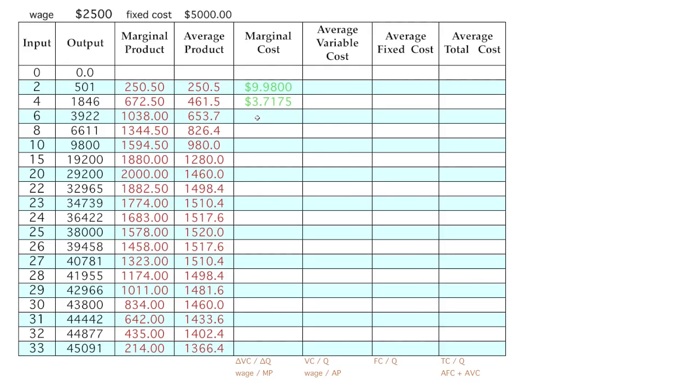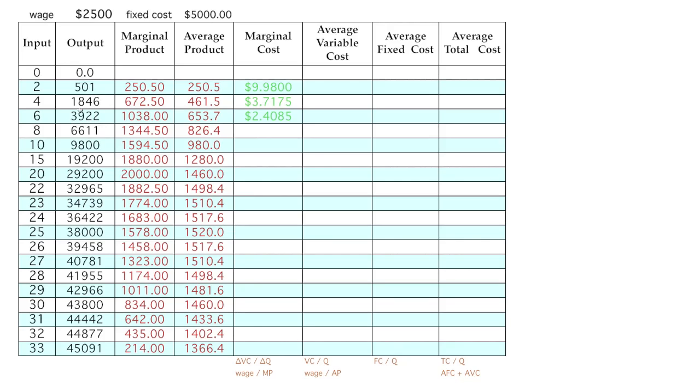The next number, if you want to, you can take the 2,500, dividing it by 1,038, and you would get the marginal cost is 2.4085. But again, that's also a change in the input of 2, therefore a change in your variable cost of 5,000, because you're paying each of those workers 2,500, 2 workers times 2,500, and then the change in the output is 2,076.